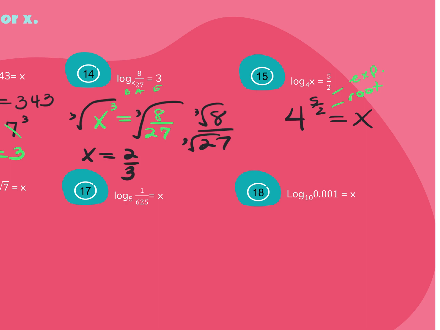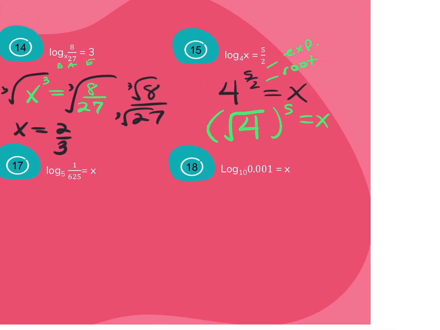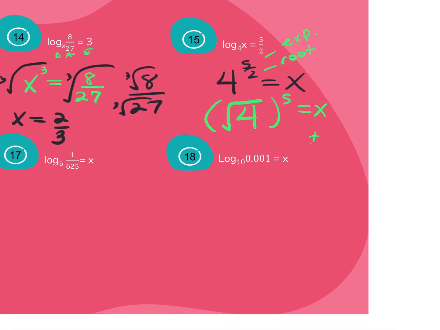So what we're doing here is the square root of 4, and then we're going to raise it to the 5th power. So this is actually going to give me plus and minus 2, and then I have to raise it to the 5th power. So this will give me positive and negative 32.